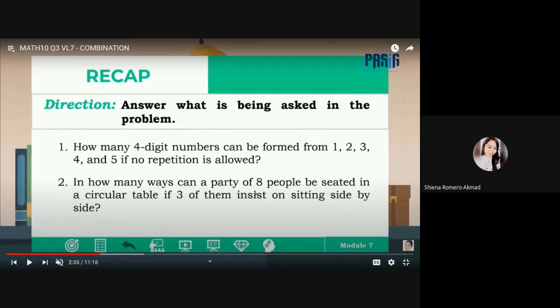There is also an arrangement between the 3 of them, and that is 3 factorial. And 3 factorial is equal to 6. So 120 times 6, that is 720. Okay? So, sabi nga dun sa inyong module, 720 ang answer. Okay?